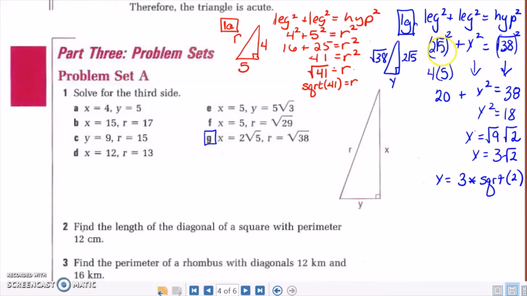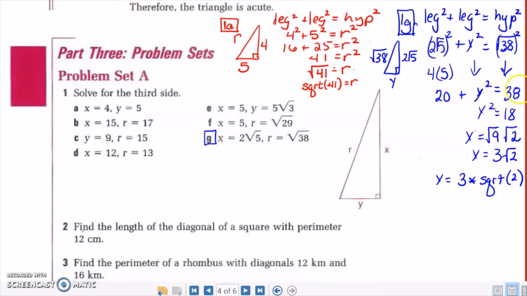So now when I square 2 root 5, I have to square the 2, which is 4, and square the radical 5. Any square root times itself is just the number. So then 4 times 5 is 20, plus y squared equals root 38 squared. When I square the square root, I get just the number inside.